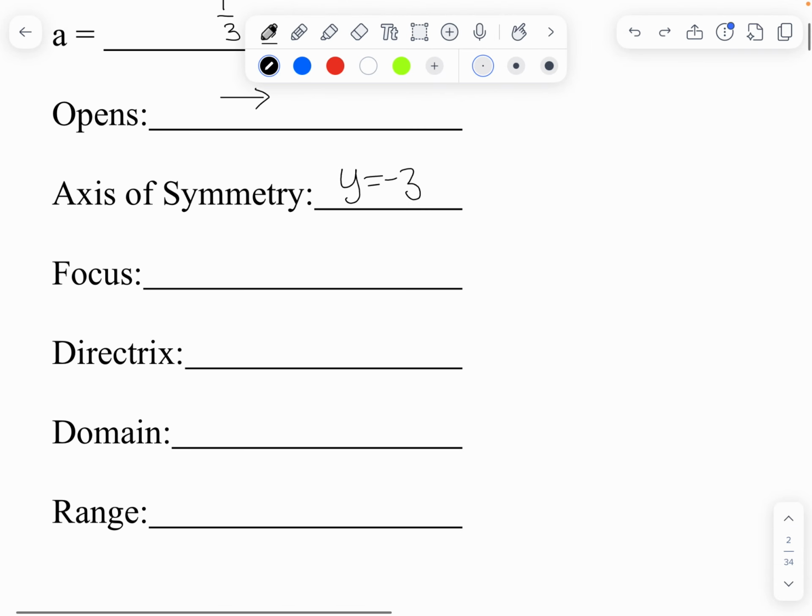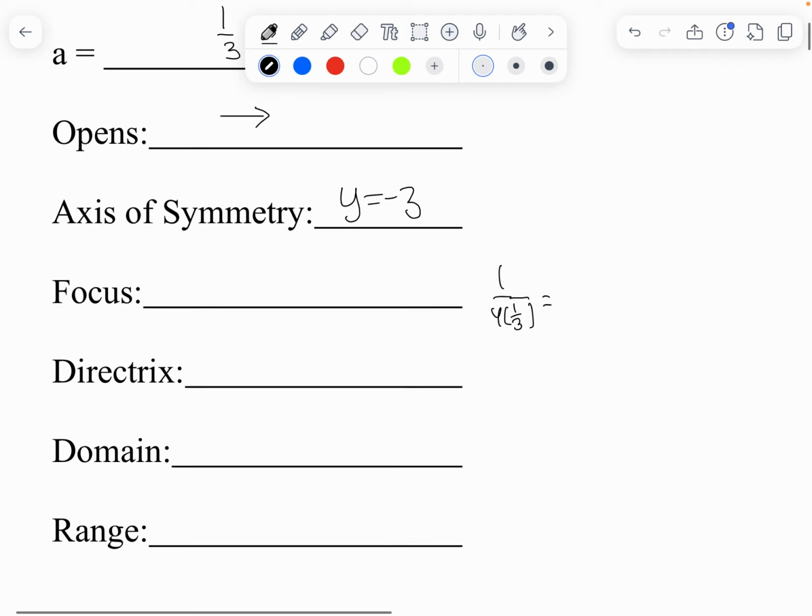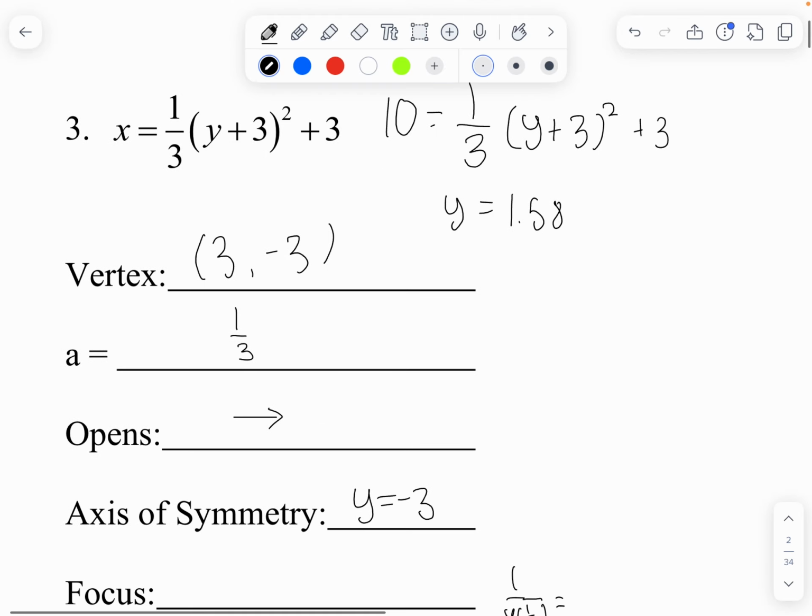And focus 1 over 4 times 1 over 3. So that's 3/4.